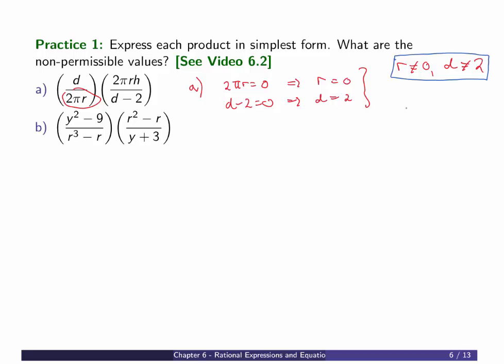Okay, so now that we're done with that, we can start canceling things. Right off the start, you have to rewrite this.